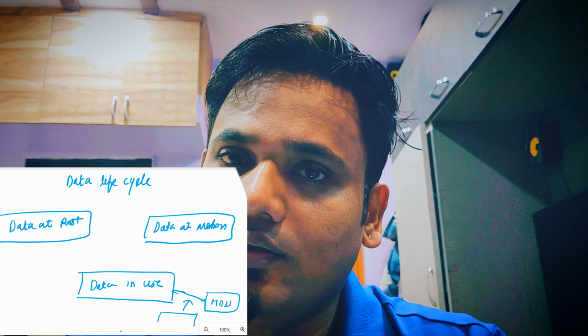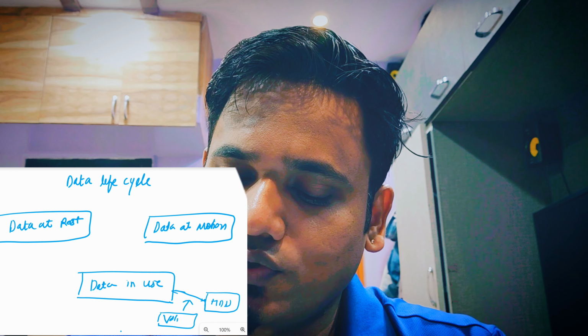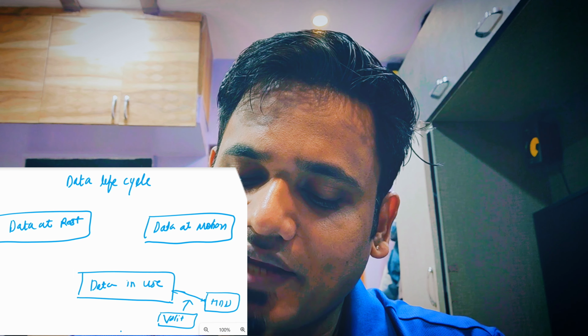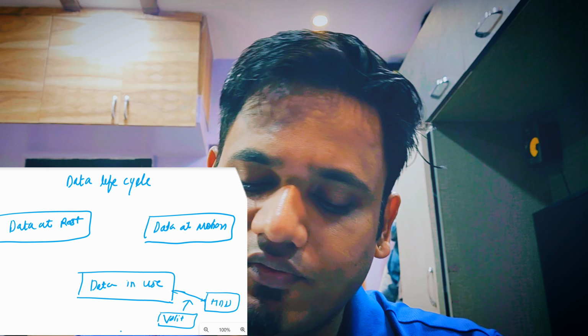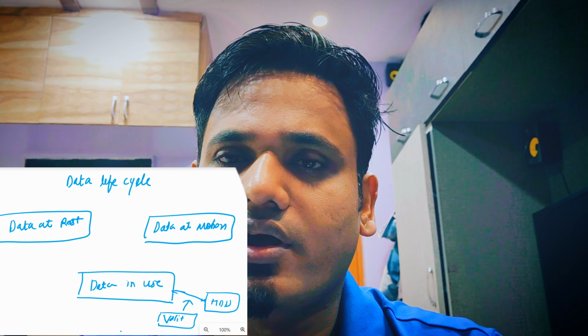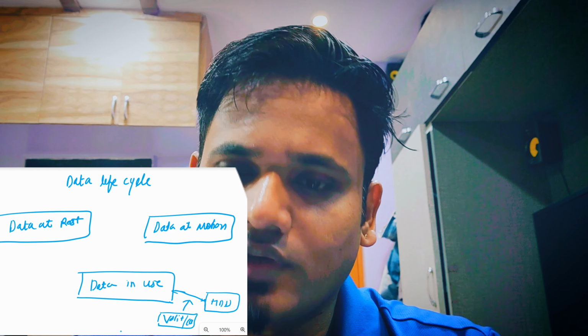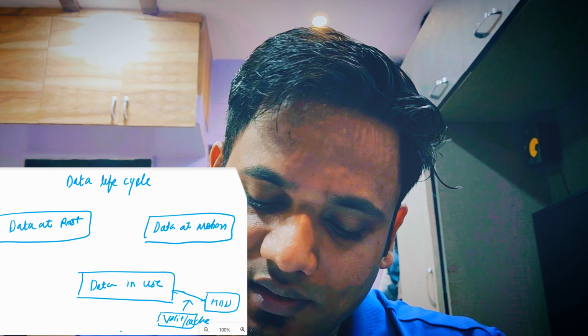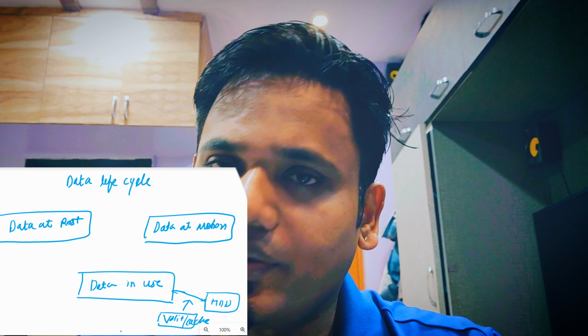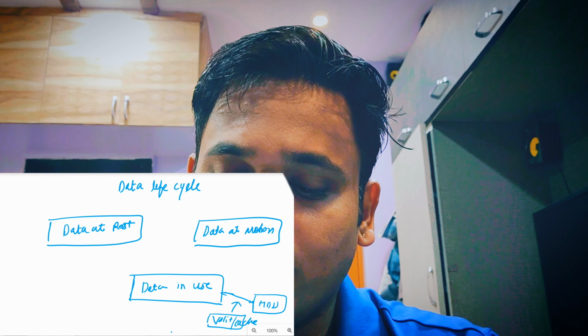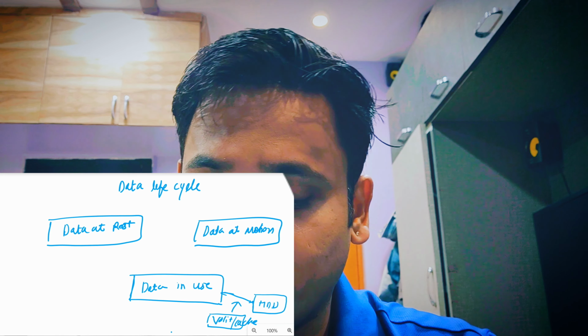Then it is in cache memory, and from that it is used for whatever application you are using. Again, this data which is in volatile memory or in a cache also needs to be protected. There are various algorithms to protect it, but there is an issue with this.